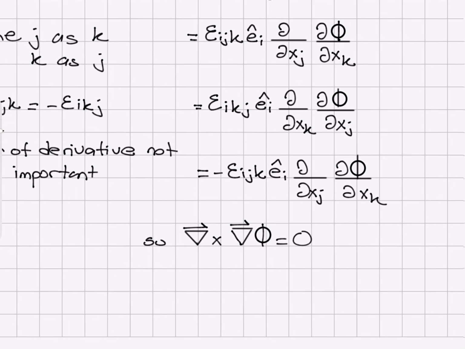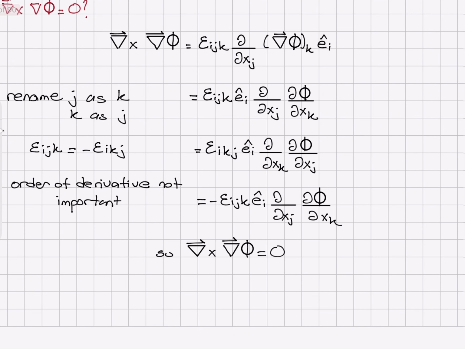Now, for a vector field V, we can write a vector field V as V is equal to the curl of a vector field A and minus the gradient of a scalar field phi.